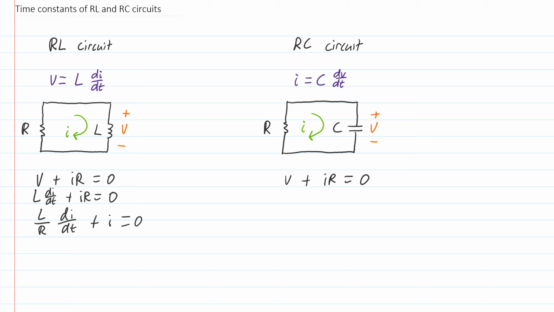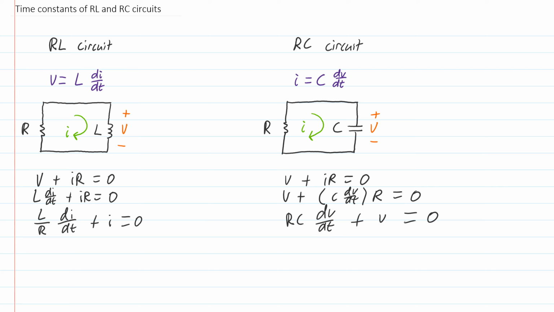Then I can substitute in what I know about capacitor dynamics, and that will give me V plus C dV/dt times R is equal to 0, and I can clean that up and put it in the same order as the equation on the left. I will have R times C times dV/dt plus V is equal to 0. We have a similar pattern to before, and that is the differential equation that describes the RC circuit.